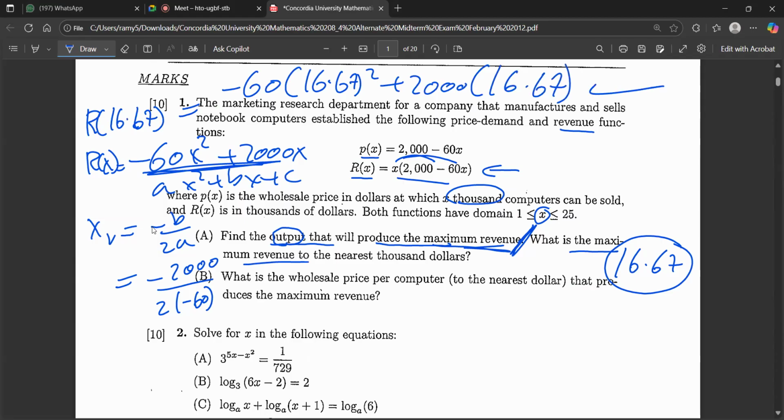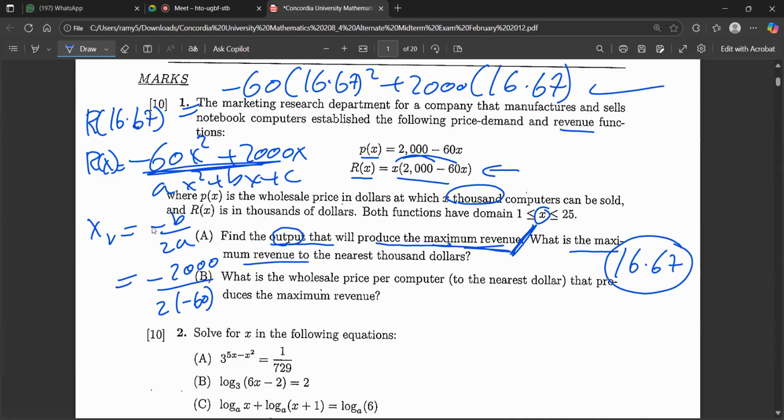That's it. Then I use the calculator, and it's 16,666.66. Perfect.